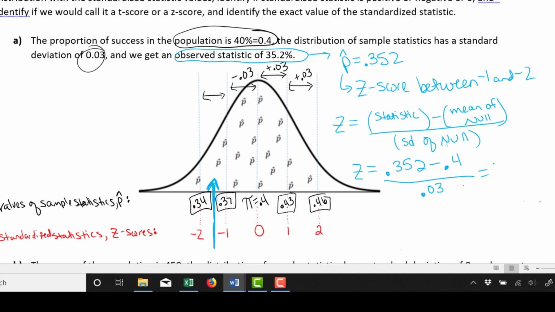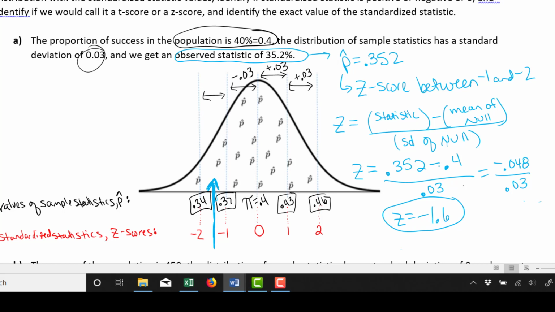I subtract the numerators, I get -0.048, and I need to divide that by 0.03. When I divide, I get -1.6. The z-score for our observed statistic is -1.6. The standardized statistic for our statistic is -1.6.